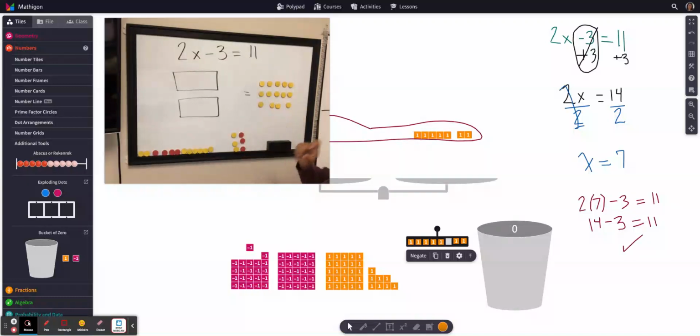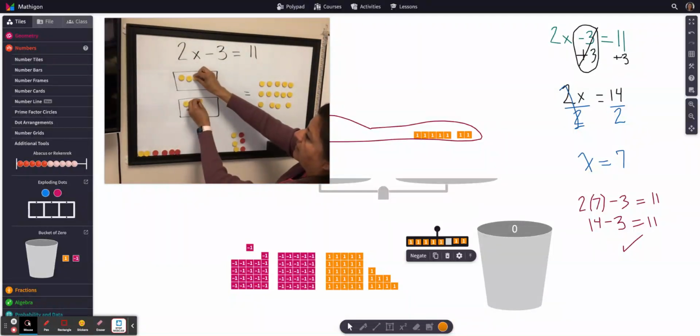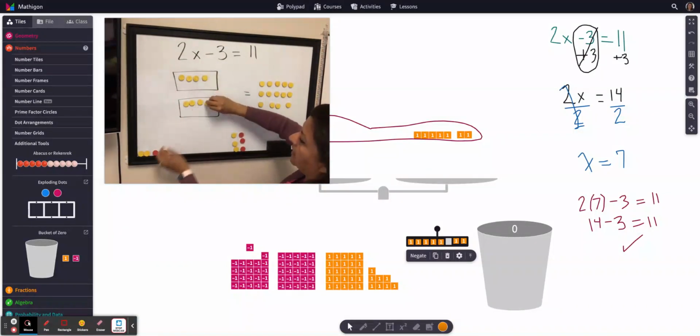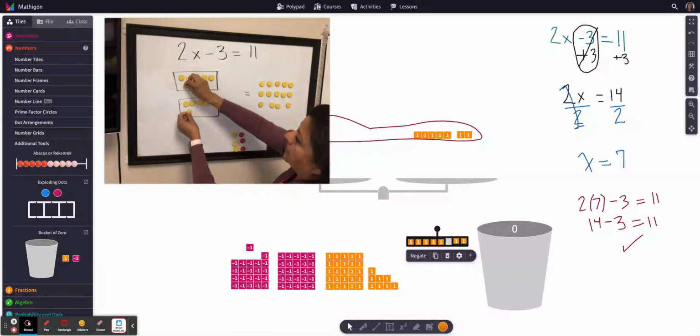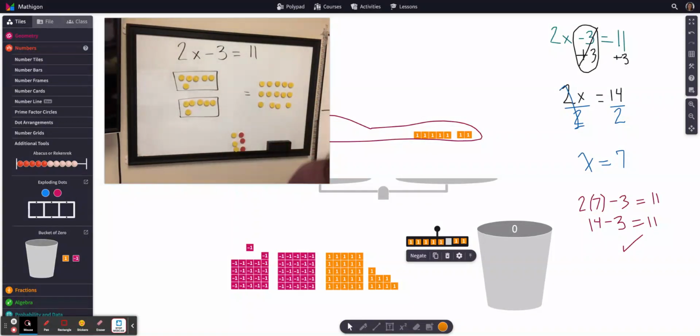So in order for me to have these positive 14, I must have positive counters on the inside, right? 1, 2, 3, 4, 5, 6, 7, 8, 9, 10, 11, 12, 13, 14, because that's how many I have here. Well, if I think about it, right, I end up with 7 in each box. Well, 7 plus 7 is 14.